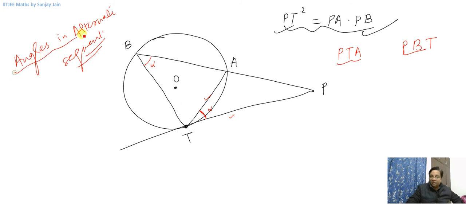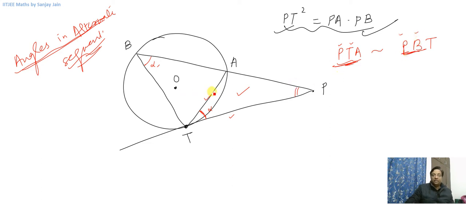If somebody doesn't know it, then he can watch this video of angle in alternate segment, which is in the same playlist. So if this angle is alpha, this angle is going to be alpha, and this angle P is common to both these triangles, this one and this bigger one PBT. So what can I say about these two triangles? That these two triangles are equiangular or similar, right? Because this angle P is equal to angle P, and angle PTA is equal to angle PBT.